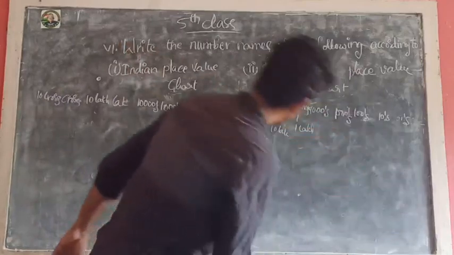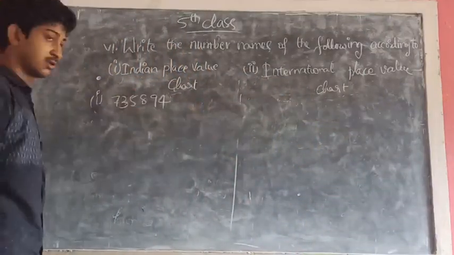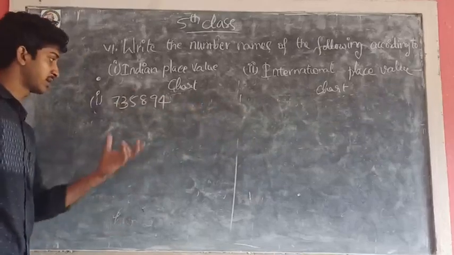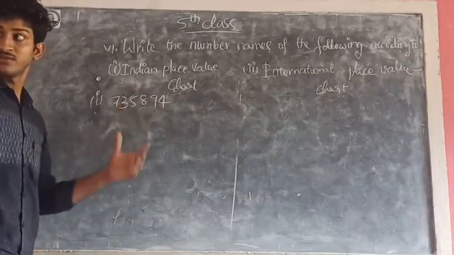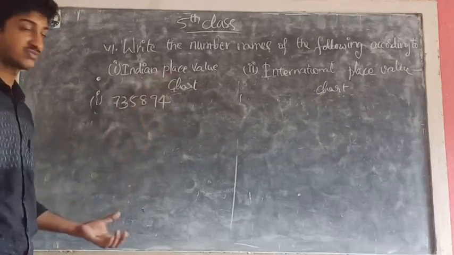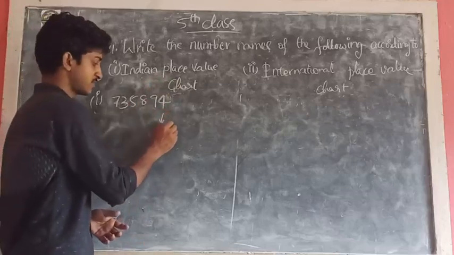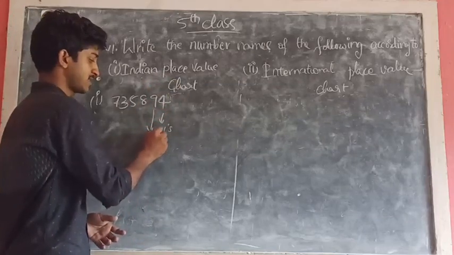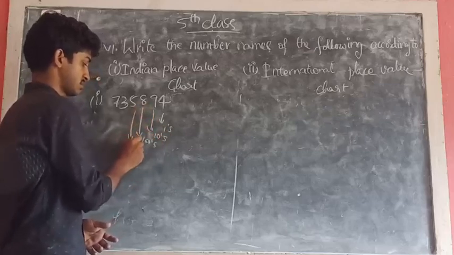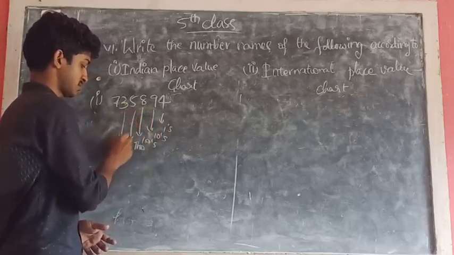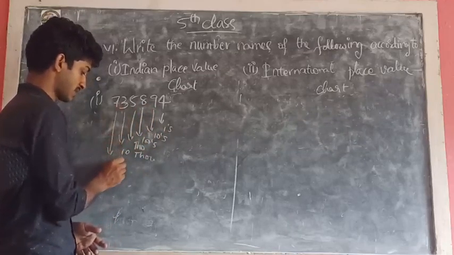Now going to start the exercise. Okay, this is the first problem. First of all, write this number in word form by using the international place value chart. This is the ones place, tens place, hundreds place, thousands place, 10,000s place, and lakhs place.